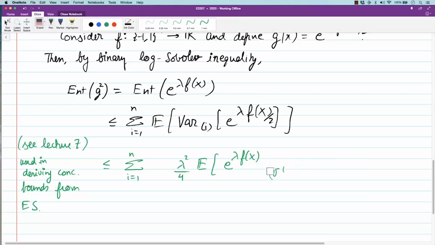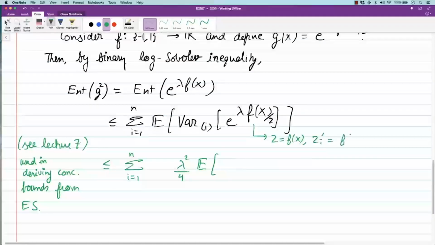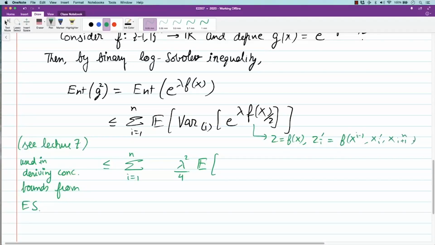The notation we used there was z equal to f(x) and zi prime equal to f of x1 to xi minus 1, xi prime, xi plus 1 to xn. That is quite convenient.